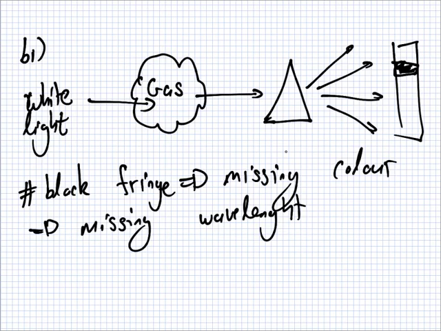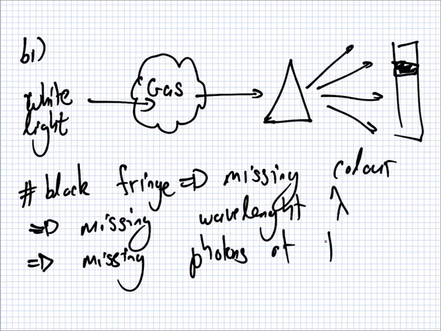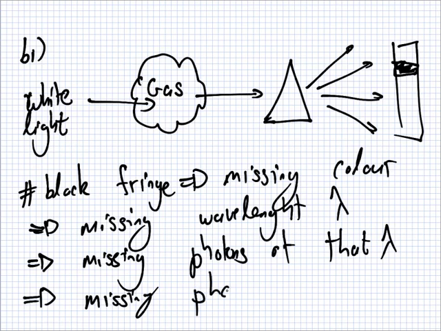Anyway, so missing colour means missing wavelength, and missing wavelength means missing photon of that wavelength lambda, which means a missing photon of a certain frequency.